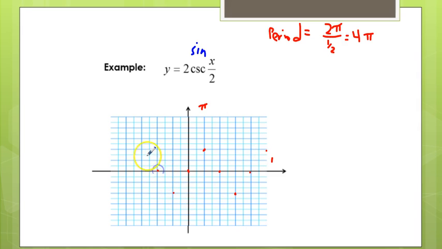But again, this is not part of my actual answer for what I would be turning in. So I just need to use this information so that I can see where the graph of cosecant is actually going to land. So everywhere you see the graph touching the x-axis, those are going to create the asymptotes. And that's because the reciprocal of 0 is undefined.